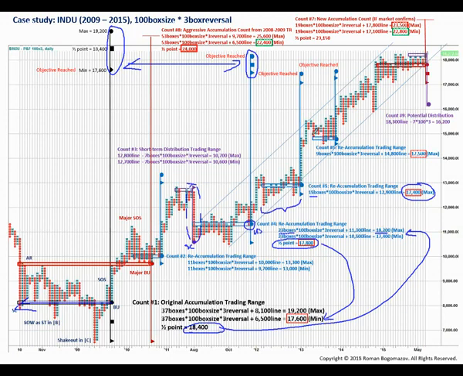And then the next one right here also confirms the same target. So when you have so many multiple confirmations, it's like screaming at you that it's going to be a significant area, where either the trend is going to stop and reverse, or it's going to stop, consolidate, and then create the new count to the new objective.